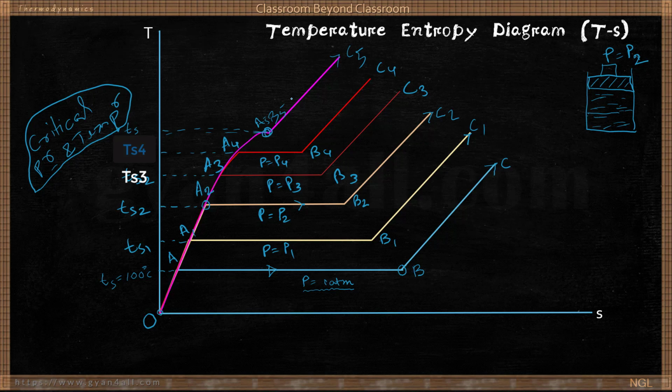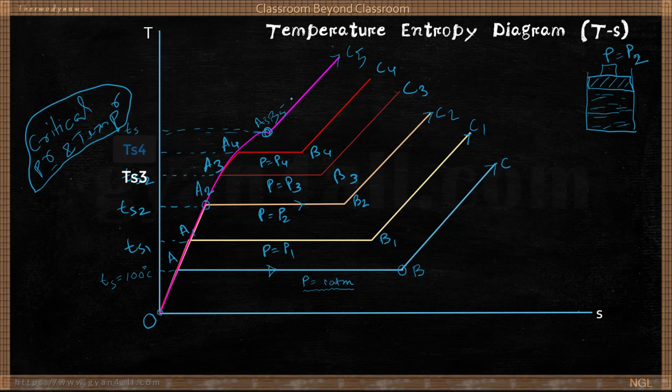Now you observe, if we construct a line joining all the points A, A1, A2, A3, A4, A5, what line is this? A liquid line. Very good. So this is called the liquid line.